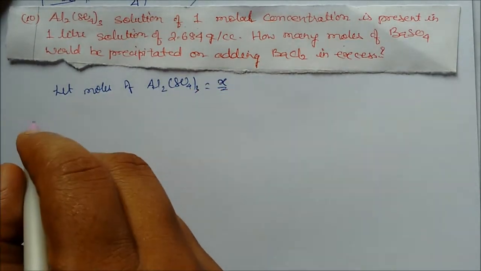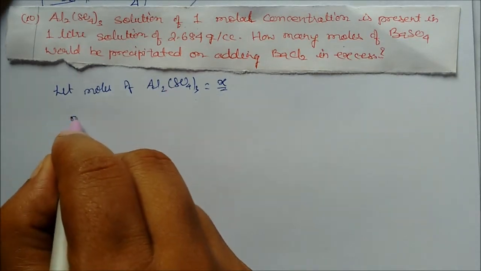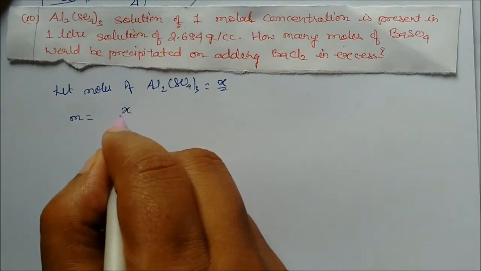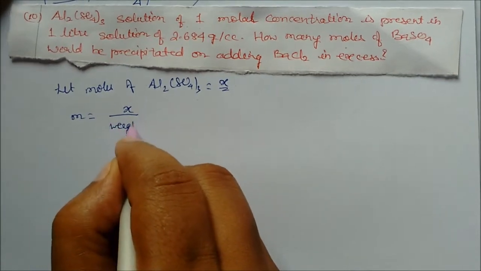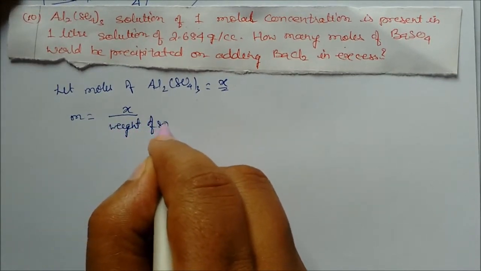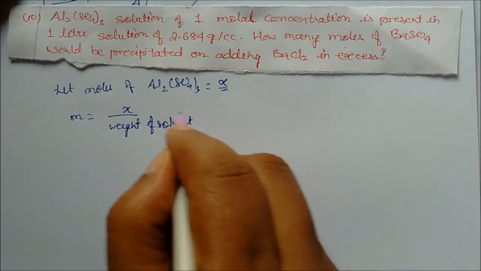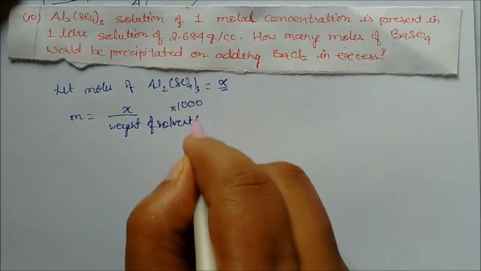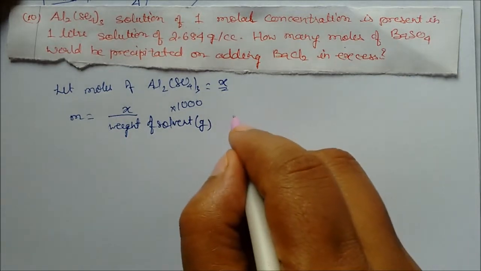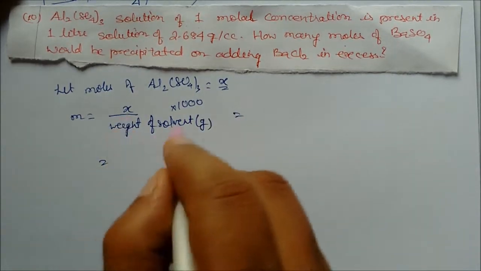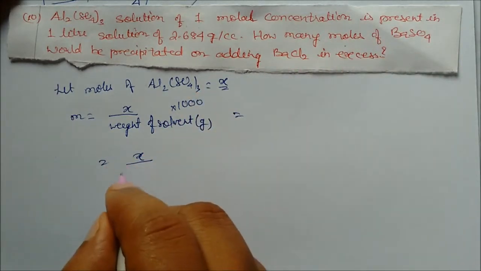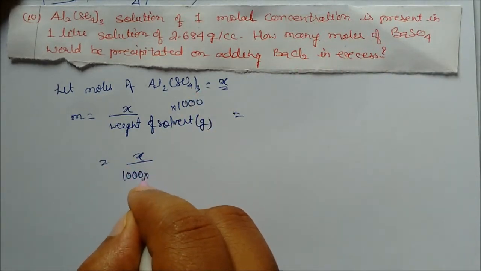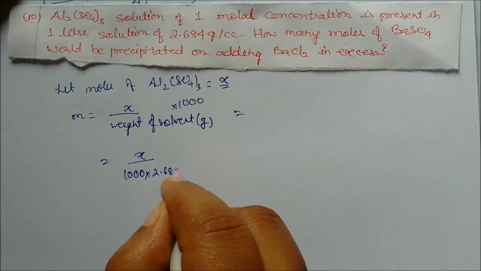Okay, and we know the formula, that is molality is equal to moles of solute divided by weight of solvent, into 1000 if this is in gram. So again here we see, the weight of the solvent is how much? So total weight is given as 1000, and density of solution is 2.684.